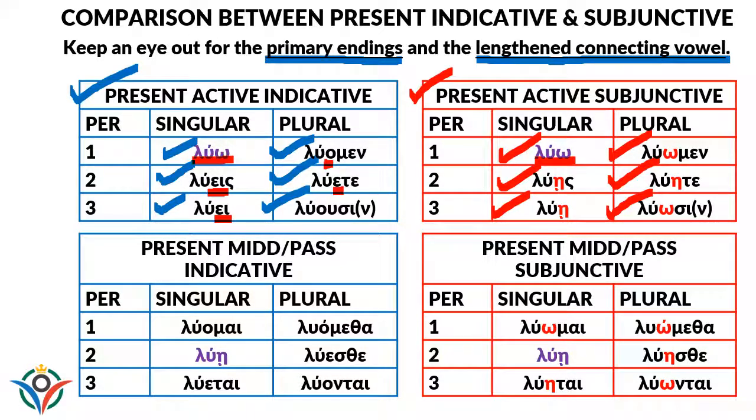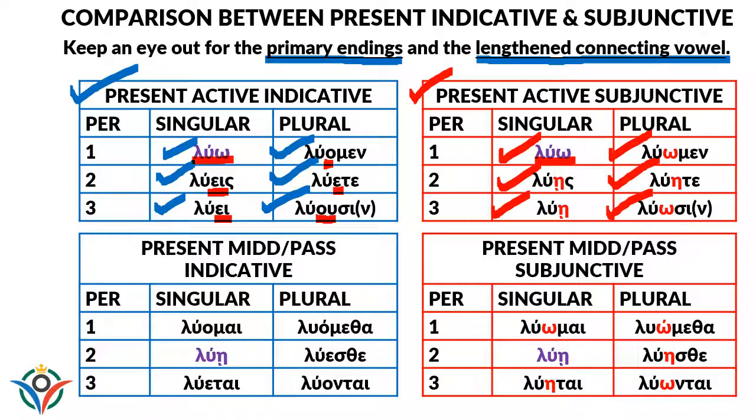And the third person plural, we had luousi, and there we had a diphthong, the omicron upsilon, and that now is replaced by the omega. All right, so those are the lengthened connecting vowels, and then once again we keep the primary endings.